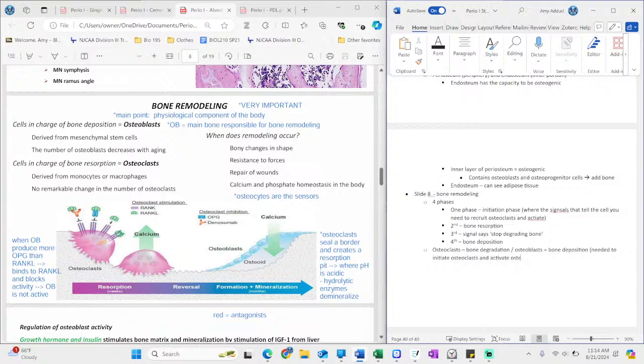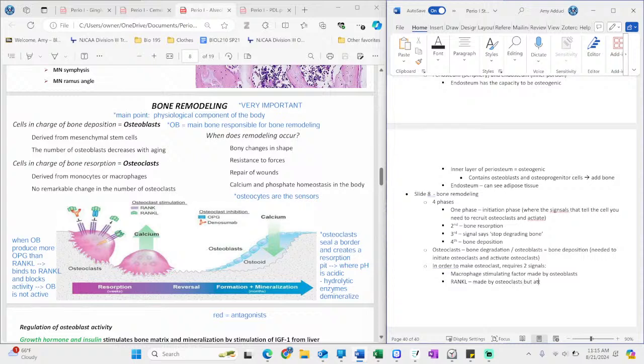In order to create an osteoclast, the progenitor requires 2 signals: macrophage colony stimulating factor, made by osteoblasts, and RANKL, which is also made by osteoblasts, but attached to the membrane of the osteoblast.